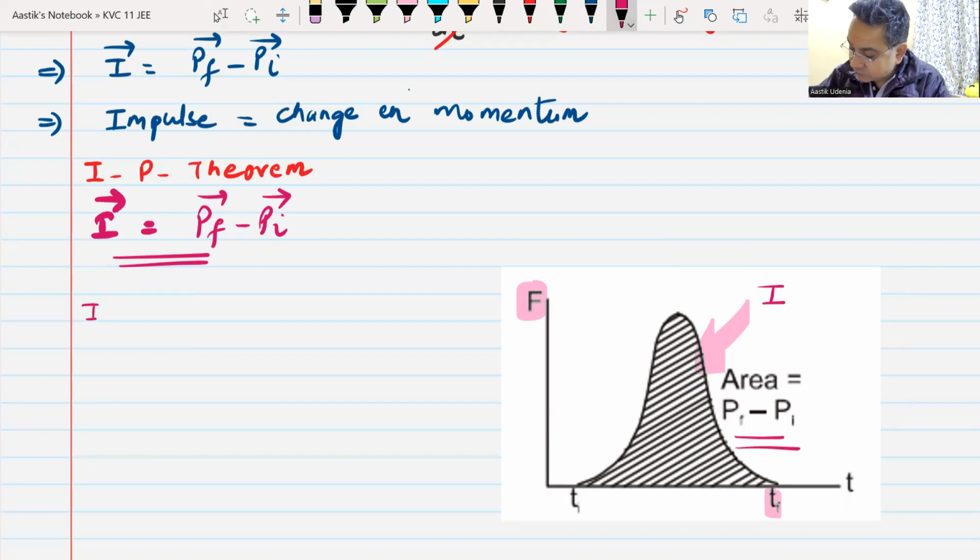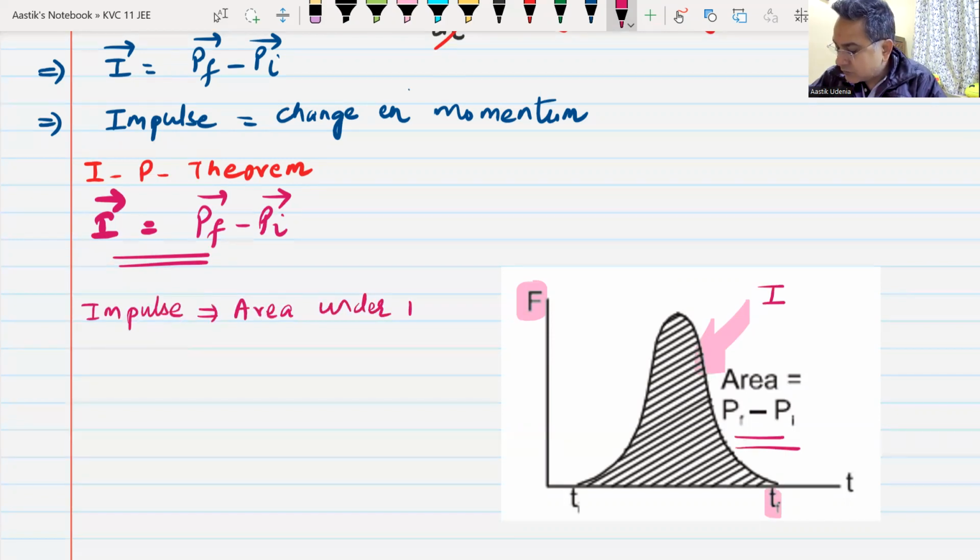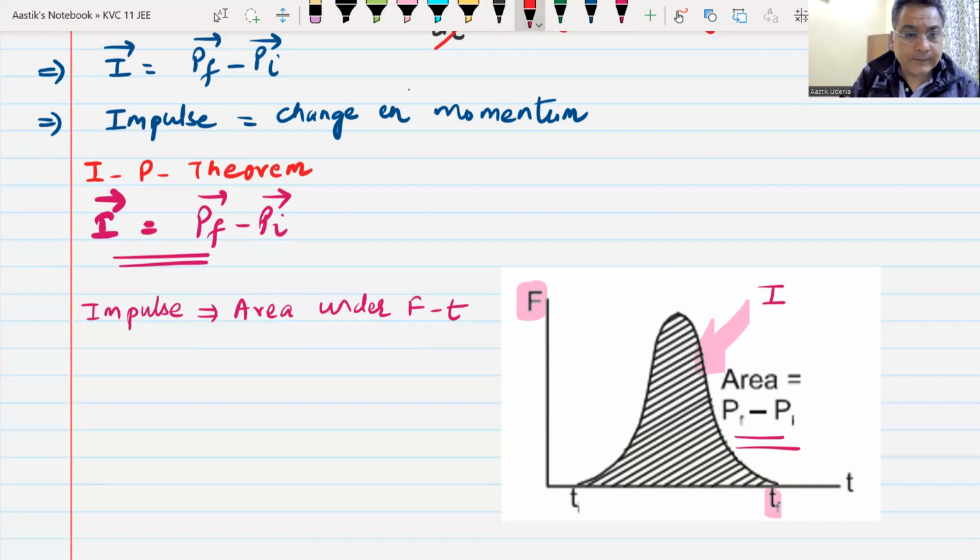So impulse is the area under the F-T graph. Note it down. Noted this, everyone?